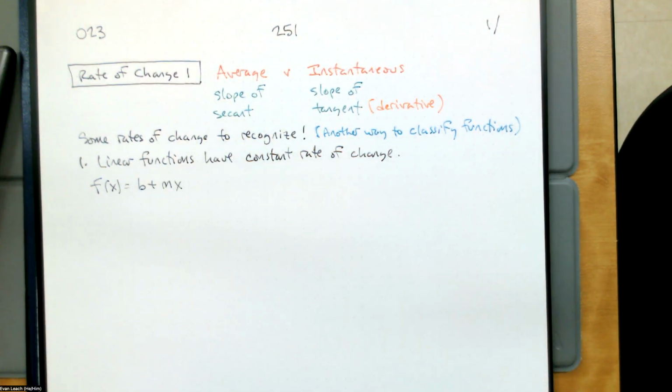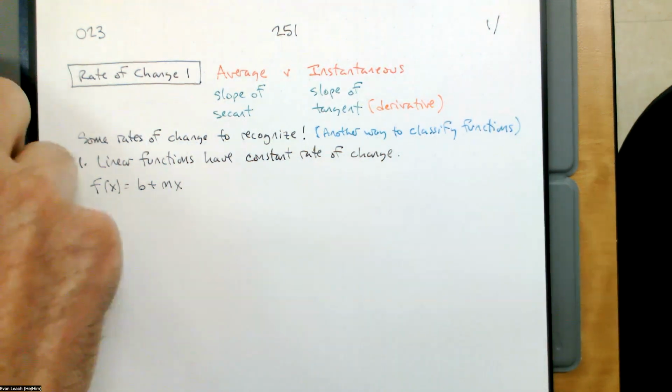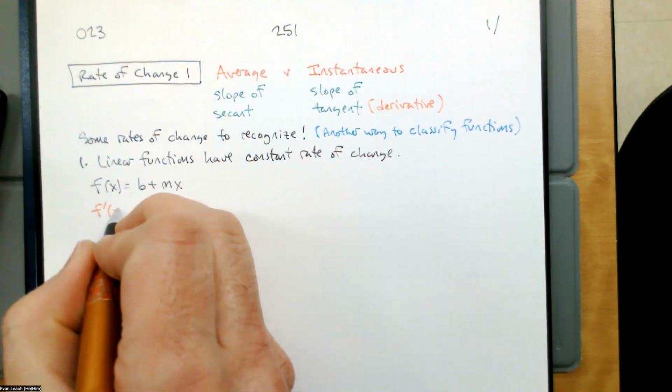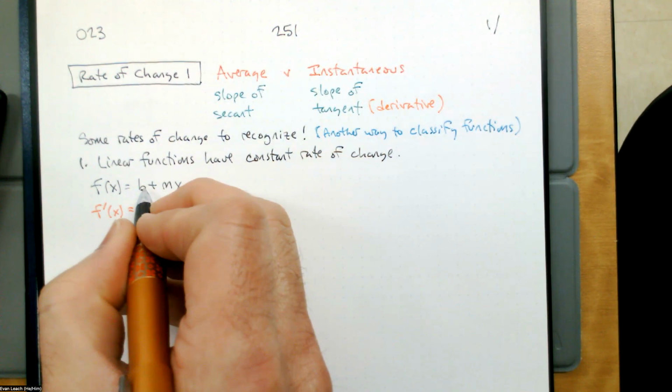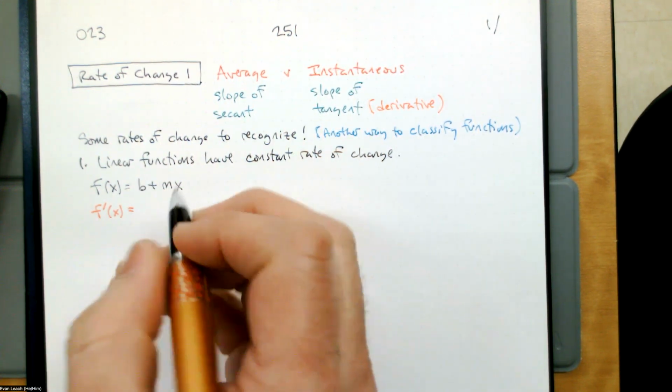There's a linear function. The derivative of the function will be the rate of change. So derivative, rate of change, slope. These are things that we all want to mash together in our minds. So if we want to talk about the rate of change of this function, we need to look at the derivative of the function. So the derivative of b, bx to the 0, is 0, so just 0.